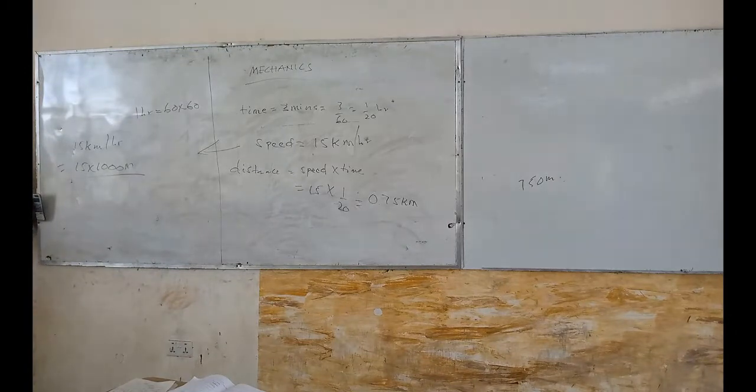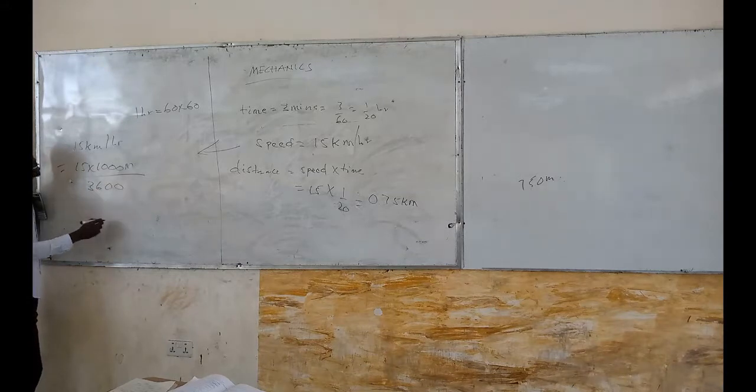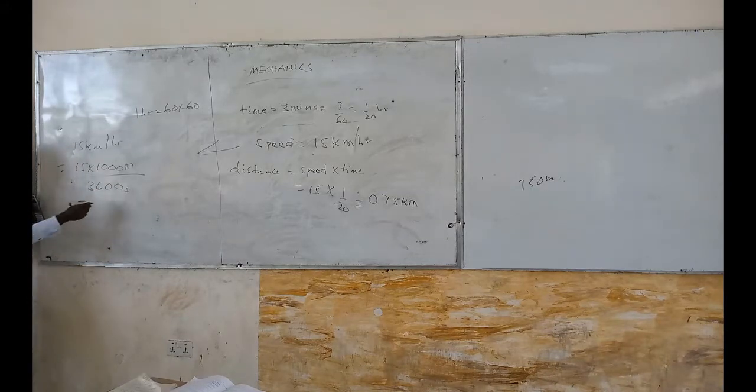Right? 1 hour in seconds, not 1 minute in seconds. So 1 minute in seconds is 60. Right? 60 seconds make 1 minute. And now we are looking at 1 hour in seconds, 3,600. So this one will be out of 3,600. So without using tables, this one will give you finally 25 out of 6 meters per second.